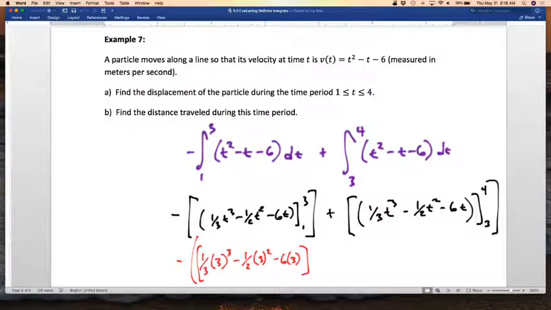Same steps, we got to plug in 3, and then we've got to subtract what we get when we plug in 1. And then we've got to plug in 4 and 3, and I'm already running out of room.